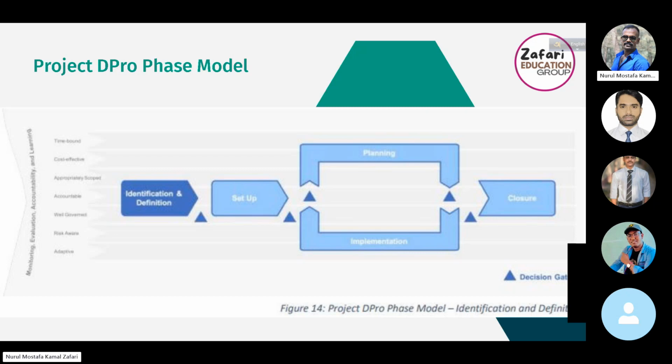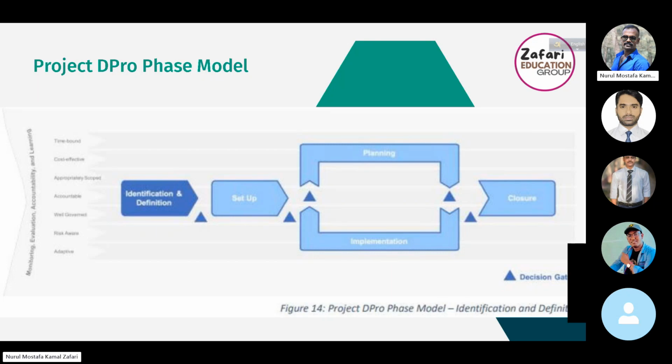Now the question: why do we keep the planning and implementation in a circular way? Because planning is an iterative process. It is an agile process. It goes on and on during the project implementation phase. We keep planning and we also implement the project.